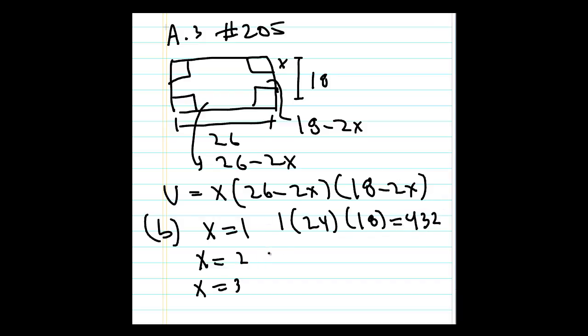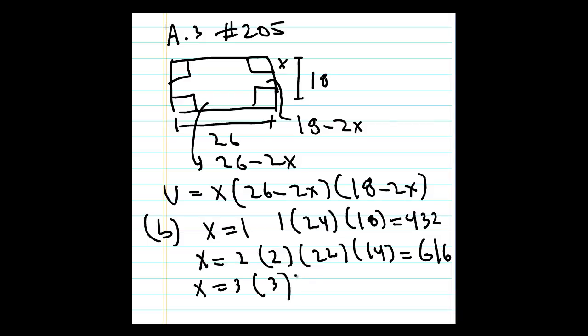When x is 2, we're going to get 2 times 22, 26 minus 4, times 18 minus 4 is 14, which is equal to 2 times 22 times 14, which is 616. And then lastly, we're going to put 3 in for x.